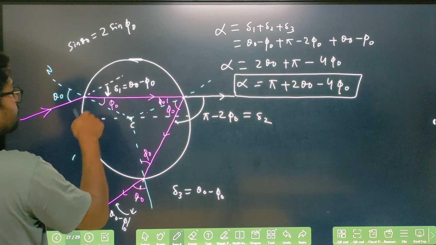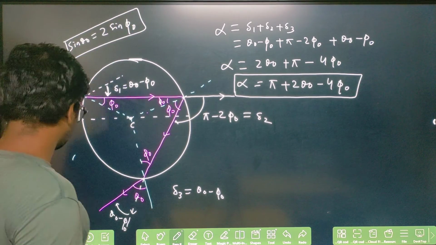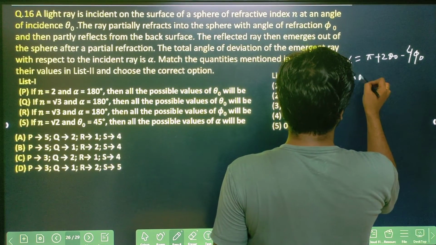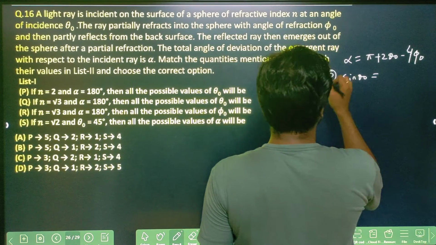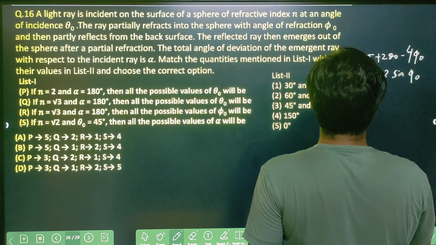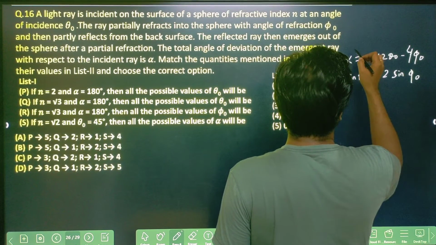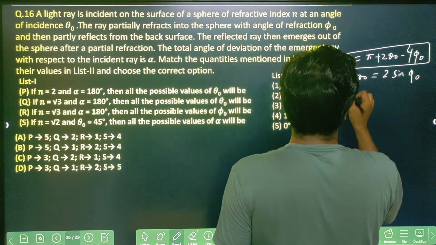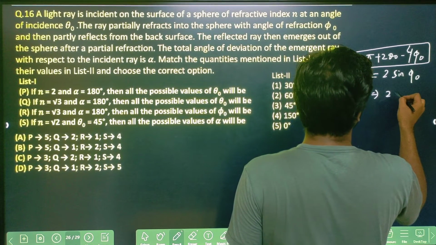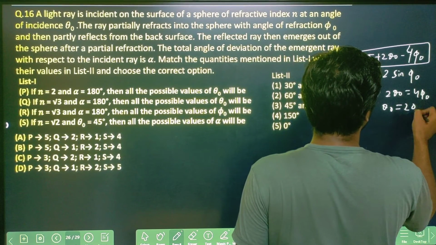Here it is theta naught, here it is phi naught. So you apply Snell's law, and you can write sine of theta naught equal to, for the P option I am checking, 2 into sine of phi naught. So alpha is 180 degrees. If alpha equals 180 degrees, then 2 theta naught equals 4 phi naught, so theta naught equals 2 phi naught you will get.